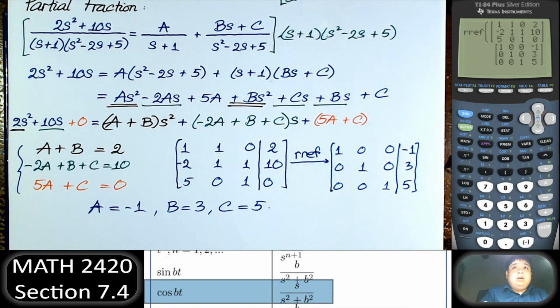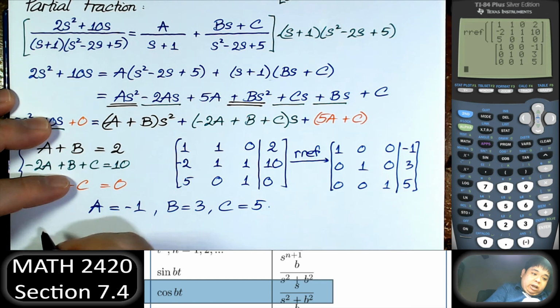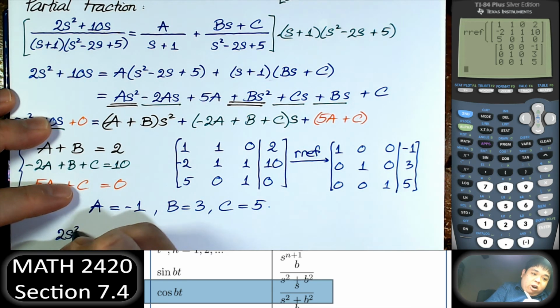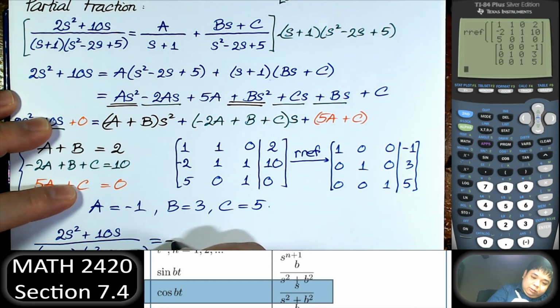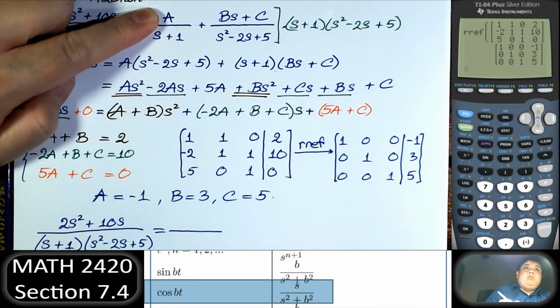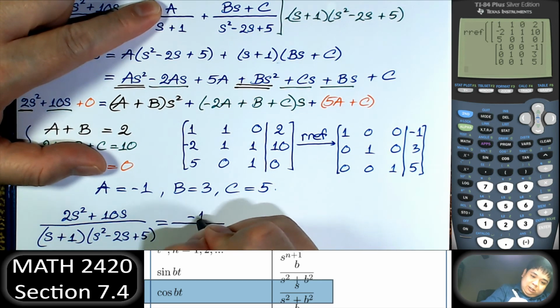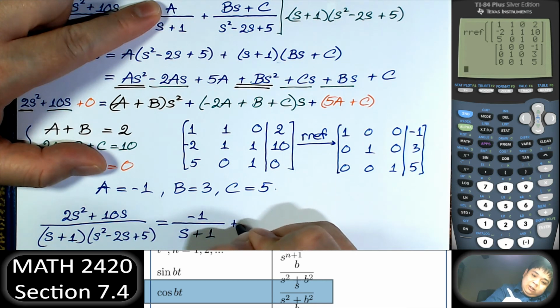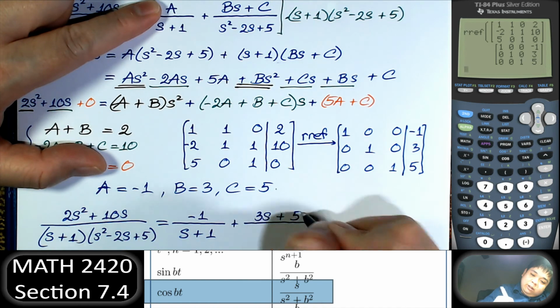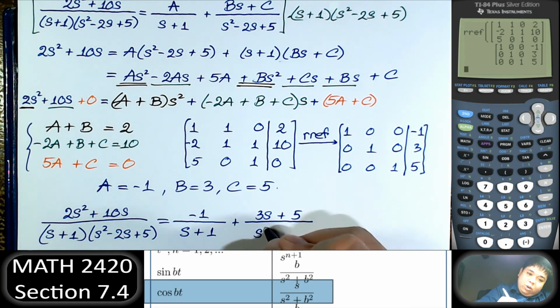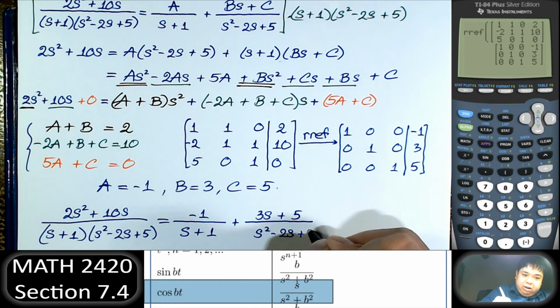So we have the partial fraction decomposition. The decomposition will be negative 1 over s plus 1, plus 3s plus 5 over s squared minus 2s plus 5.